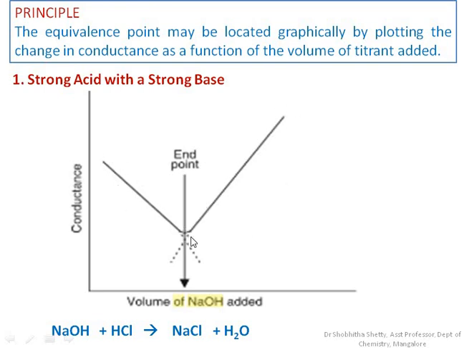This part is with respect to the H+ ion. If you go on adding sodium hydroxide after the end point, you observe the conductance value goes on increasing, because the concentration of OH- ion increases; it remains as it is. So this is the principle behind the conductometric titration of a strong acid with a strong base.